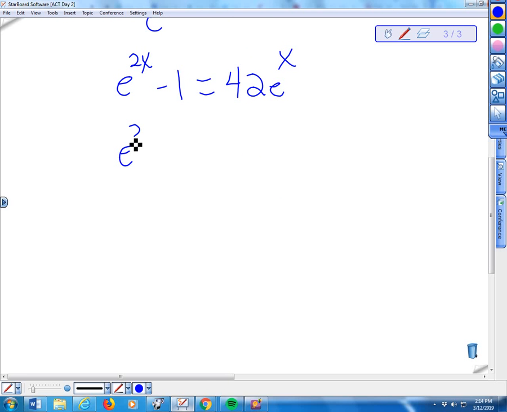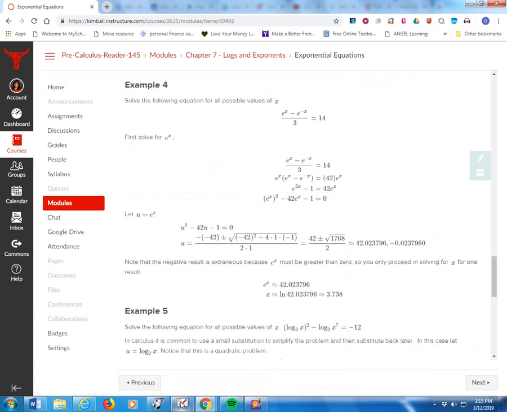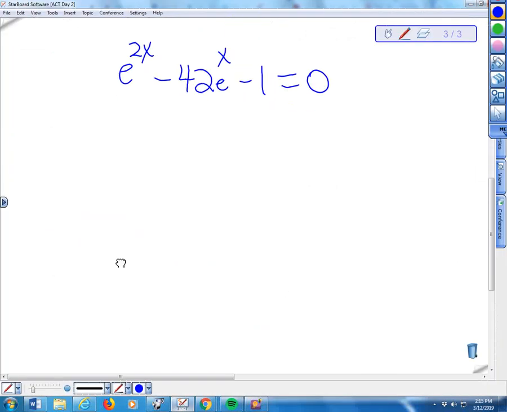Now, I feel like I'm on the right track. Okay, this is a strategy that we learned in pre-calculus. We might have talked about it in Algebra 2, but this is factorable if I use substitution.